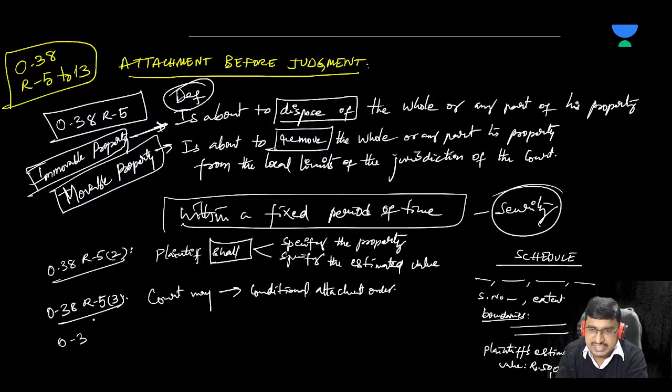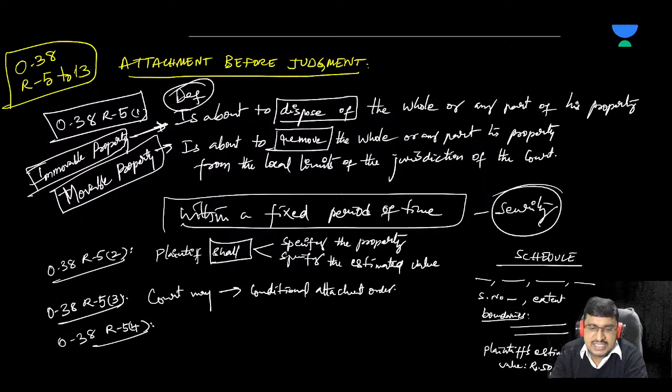The court may pass a conditional attachment order. Order 38 Rule 5(4) is speaking about an order of attachment made without complying with the provision of sub rule 1. Sub rule 1 says that he has to furnish the surety for a fixed period of time, or he has to furnish a security.